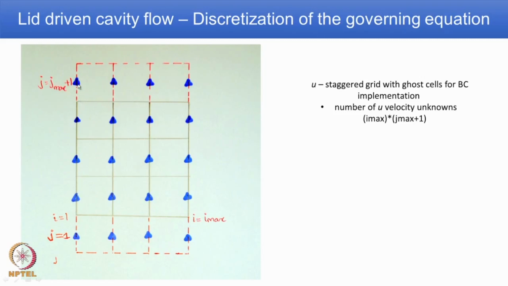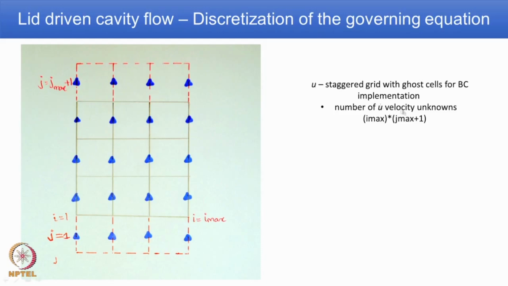Now, we define one more ghost node in the y direction on both the sides. So, one on the upper side, J equal to J max plus 1, another one on the lower side where it is beyond this, J equal to J 1. This is shown by the red color. This is required to apply the boundary condition. So, use staggered grid with the ghost cell for boundary condition implementation.